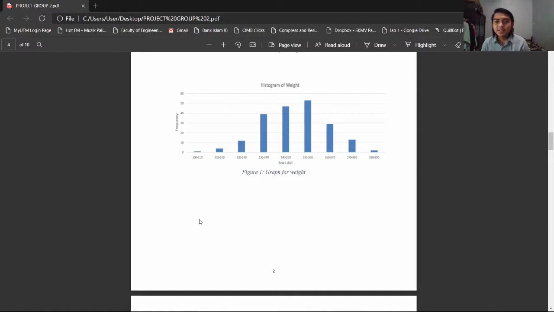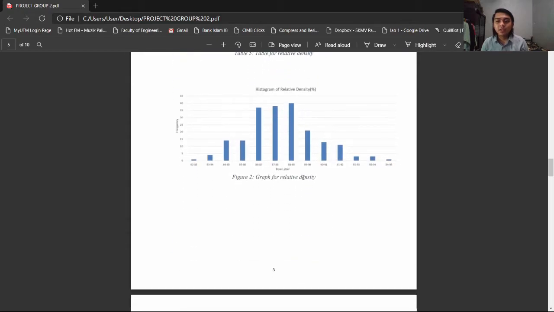As you can see in the graph of weight in figure 1, the graph shows an increase linearly until it reaches the range 350 until 360 and then decreases linearly. The highest data frequency is 53, which is at the range 350 until 360.